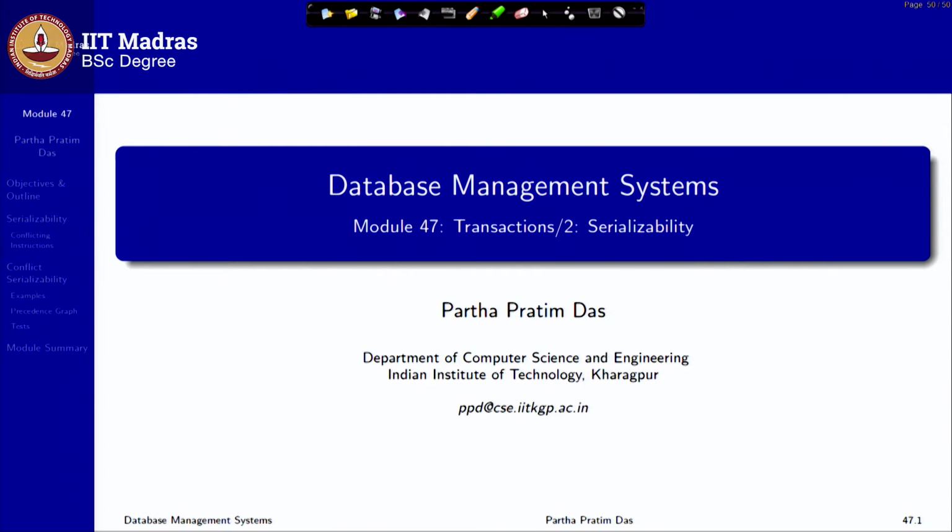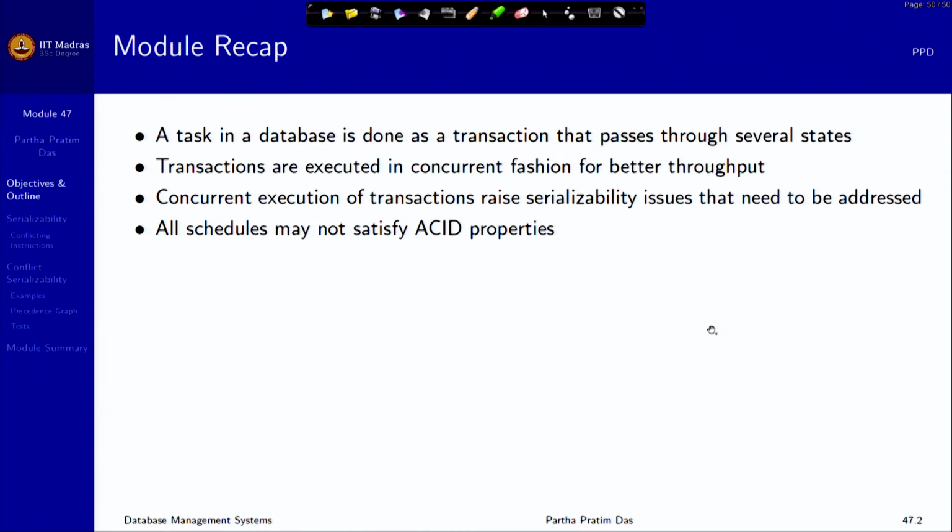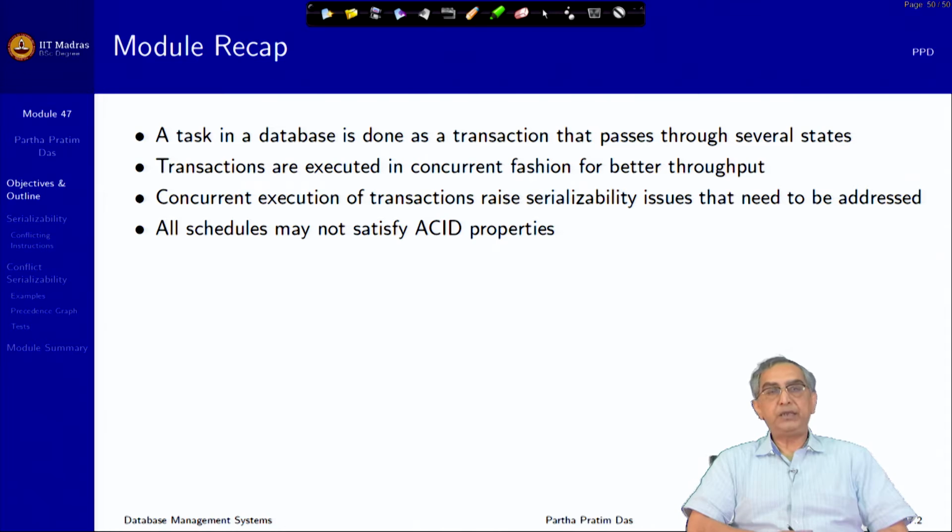We have started discussing transactions, that is, doing some changes or work in the database. We have defined transactions, their states, and the basic concept of concurrency, where more than one transaction could operate on the same data items at the same time. With that we have seen that certain schedules of instructions coming from different transactions seem to be valid and certain are not.